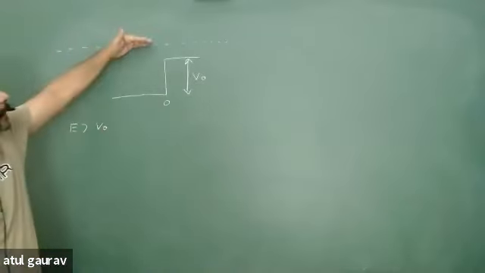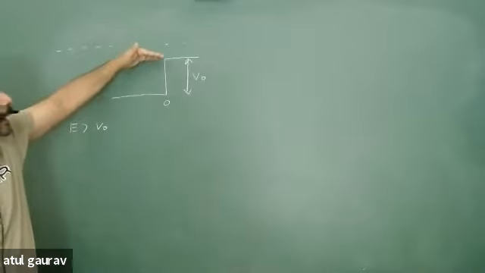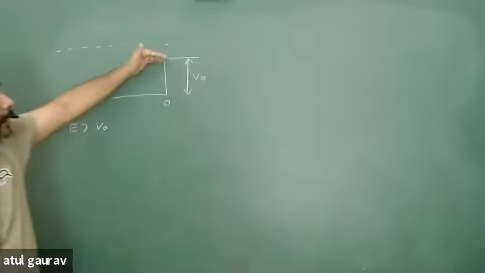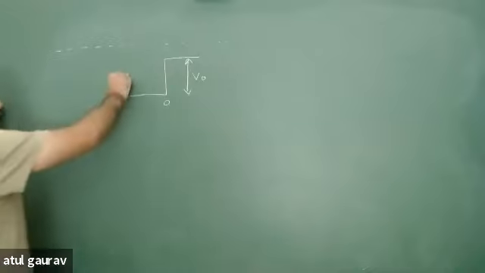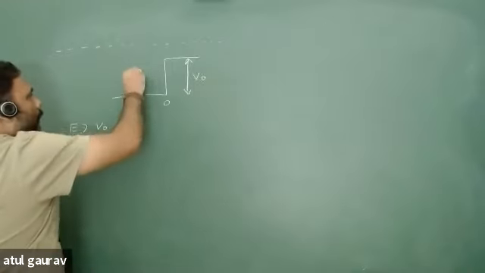But if I take it lower and lower, then there is a higher chance of the electron reflecting back, even if the energy is greater than V naught. So let's go for this. Obviously we have to solve the Schrodinger wave equation in region 1 and region 2.